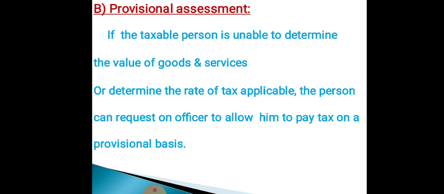Under Section 60, provisional assessment, the supplier can pay tax on a provisional basis but only after they execute a bond with security binding them for payment of the difference between the amount of tax as may be finally assessed and the amount of tax provisionally assessed. For example, an estimated figure or the previous year's figures.